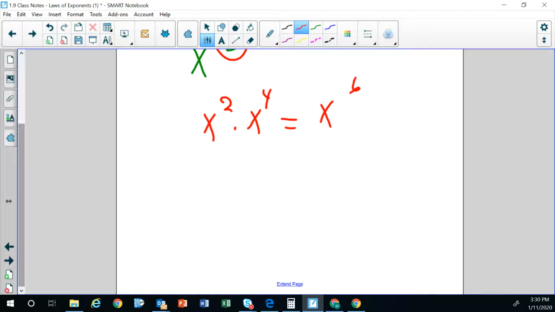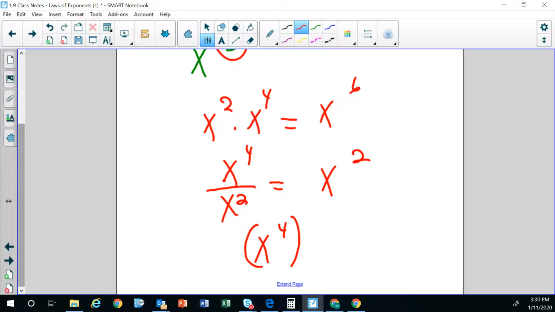When we divide, x to the fourth divided by x squared, we subtract the exponents. That gives us x squared. And if it's raised to a power, let's say x to the fourth raised to the power of 4, that gives you x to the 16. All right, quick review. These same rules apply when we're working with rational exponents, where the exponents are fractions.